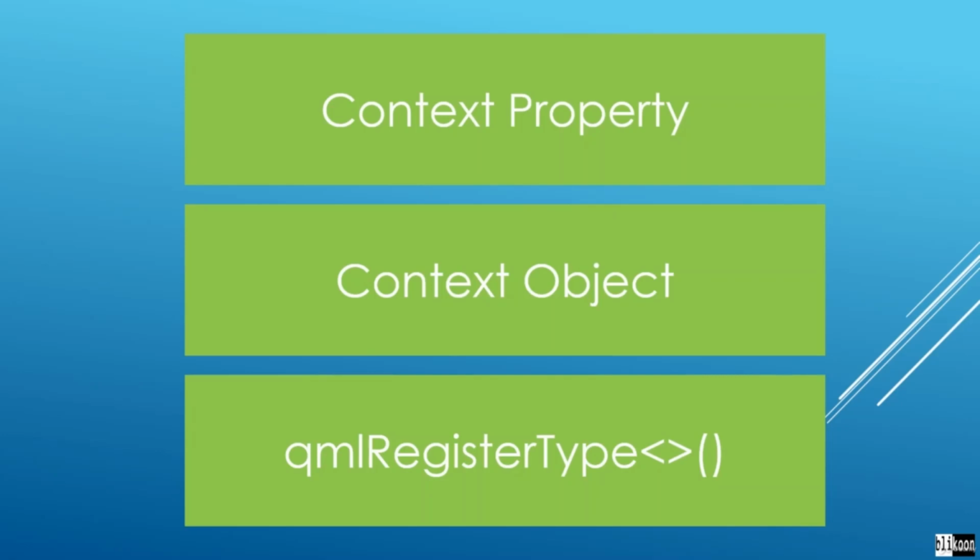The other way we saw was to use different overrides of QML register type, and we saw that you can use it to either register a type that you can instantiate in QML or register a type that you cannot create in QML using QML register uncreatable type or using QML register type without parameters inside.